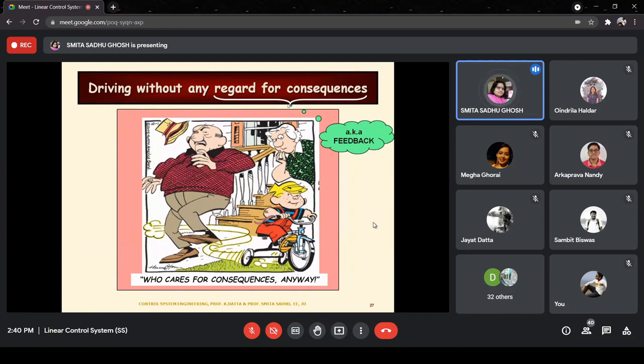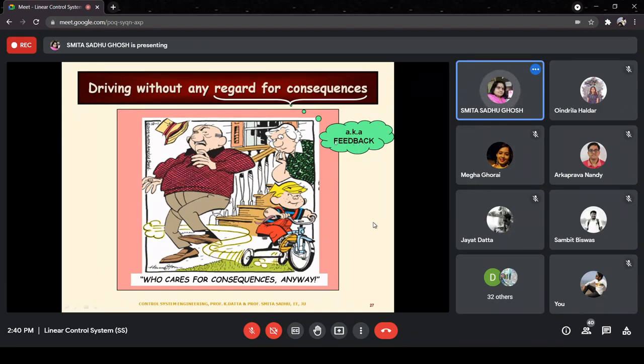But if we were actually interested in the consequences also, then what would we have done? We would have naturally had to read the speed or sense the speed and take some action on the basis of that value, right? That is also known as the feedback signal.